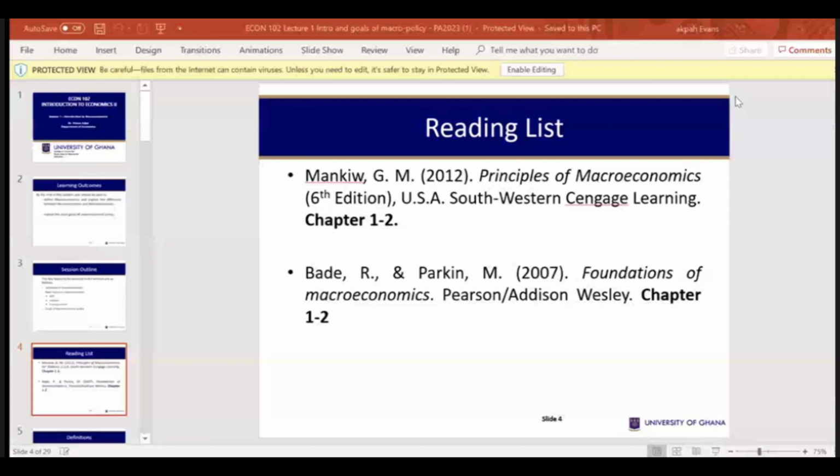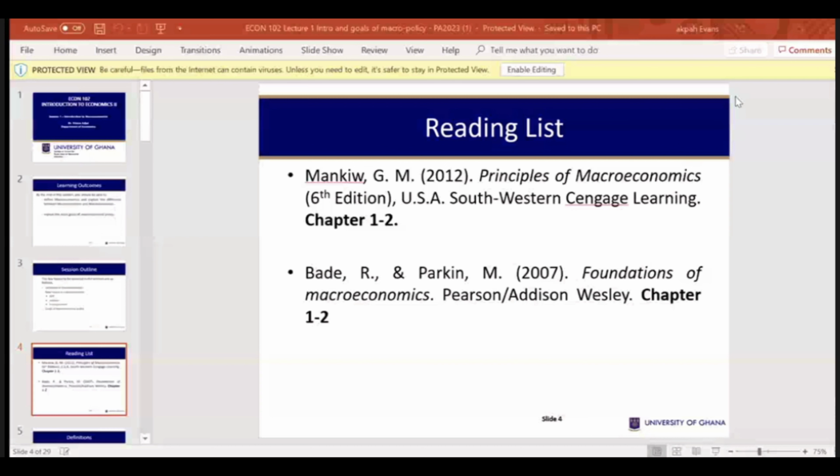The terms microeconomics and macroeconomics were first given by Ragnar Frisch in 1933. This becomes a history behind micro and macro. Professor Keynes is one of the major brains behind macro, known as the father of modern macroeconomics.